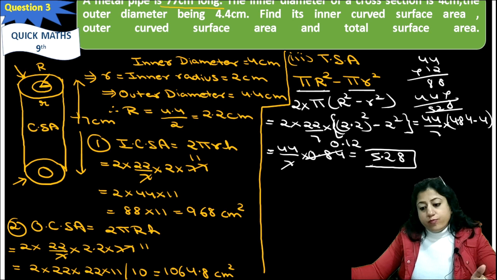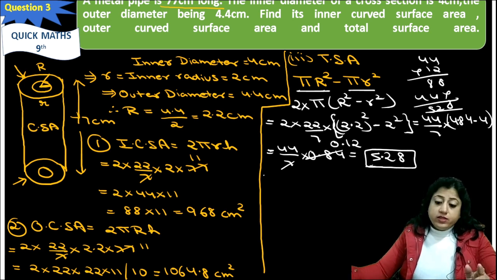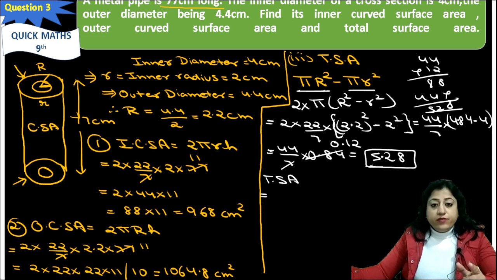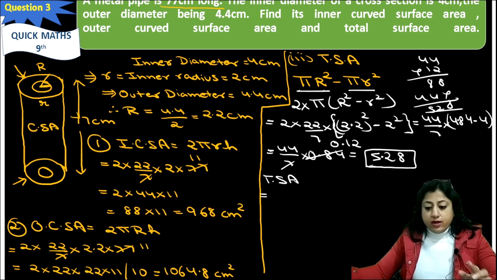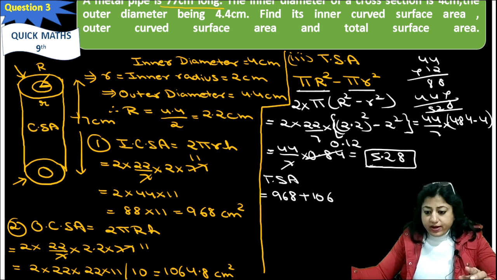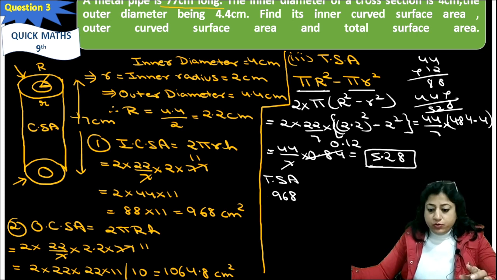This one is 5.28. Now the total surface area will become the addition of all the surface areas: inner curved surface area, outer curved surface area, plus thickness area. So it will be 968 plus 1064.8 plus 5.28. I am adding in the column way so that it will be visible to you.